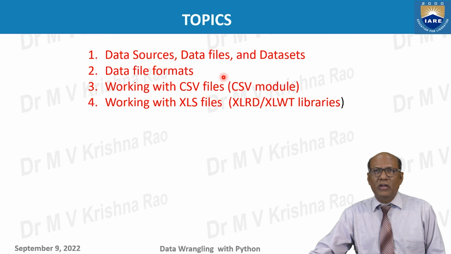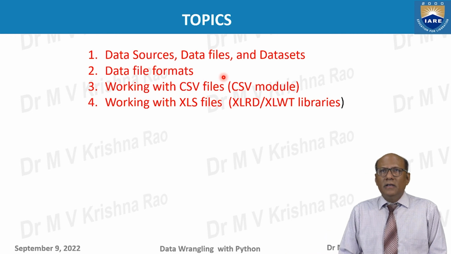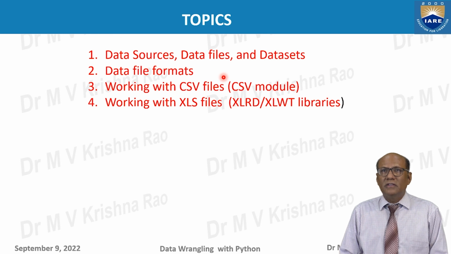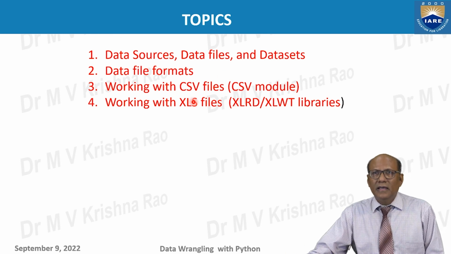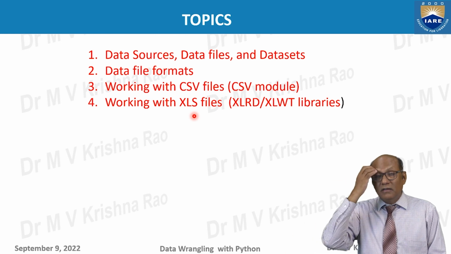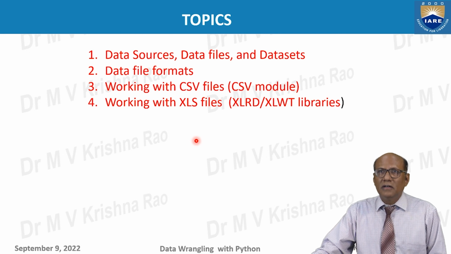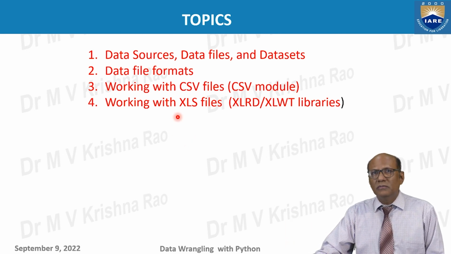In the next class, I am going to work with Excel XLSX and other formats, like PDF, JSON, XML. In the future lectures, I am going to read text or data from those files.